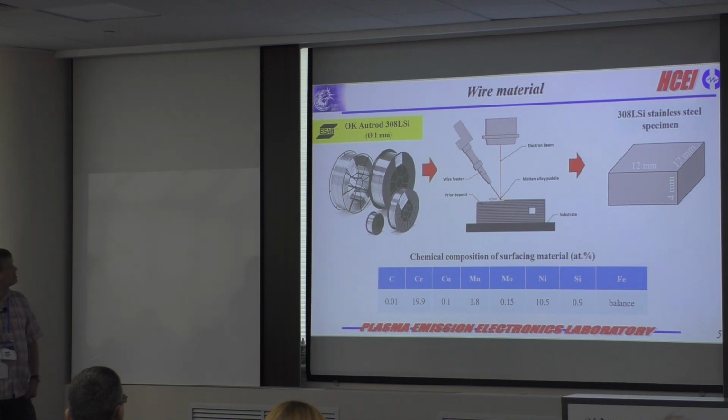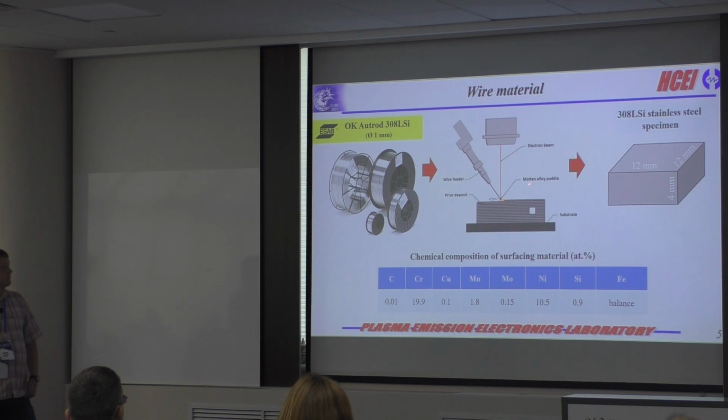And about wire material. Workpieces were made using wire of ESAB company, grade OK Autrod 308 LC with a diameter of 1 millimeter. As said on the site of the manufacturer of the wire, this material is austenitic stainless steel.